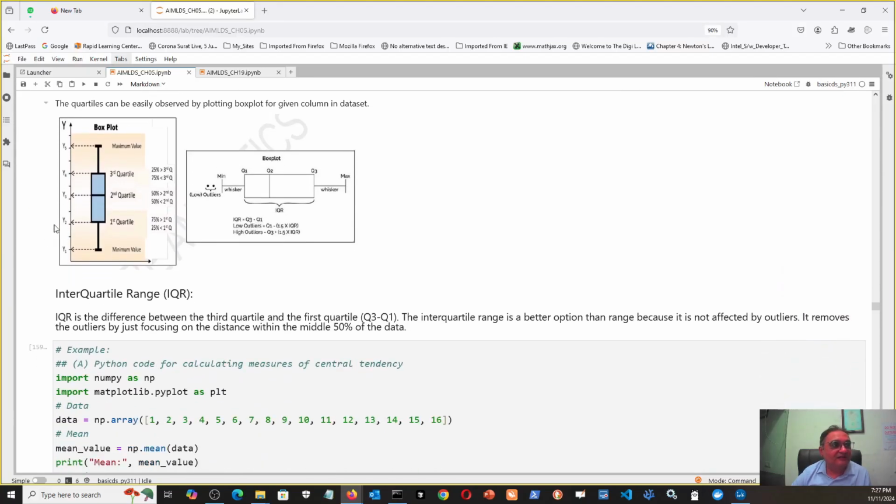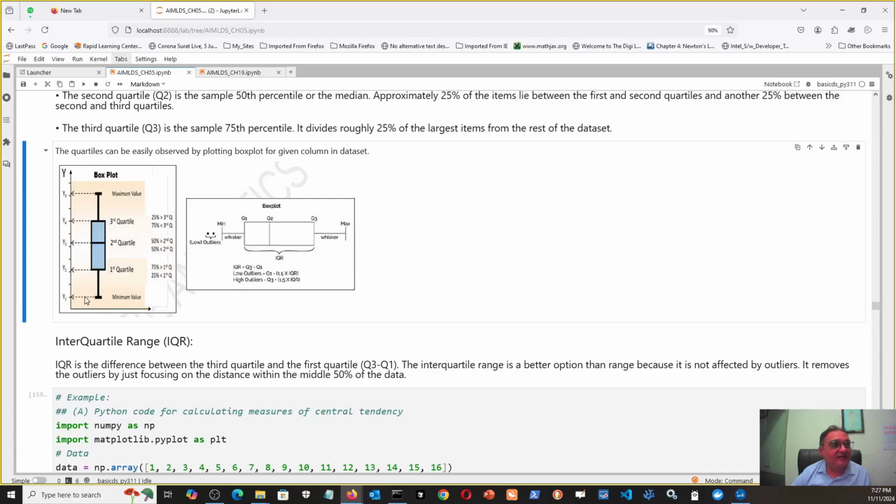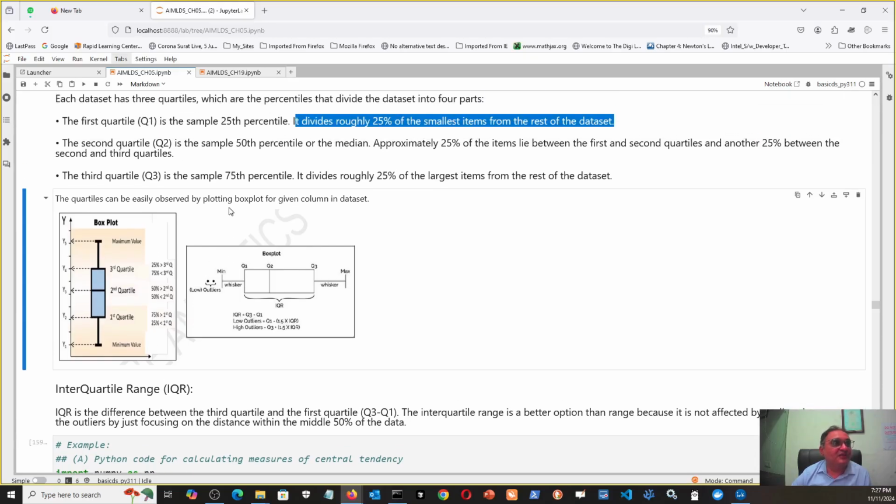For example, here this lower line, black bold line, or this extending up to a dotted arrow which is going at y2, that is called first quartile. So if my entire data is spread between minimum value here and the maximum value here, then first quartile is that element which separates the least 25% observations from the rest of the 75% observations. Okay, so that is first quartile.